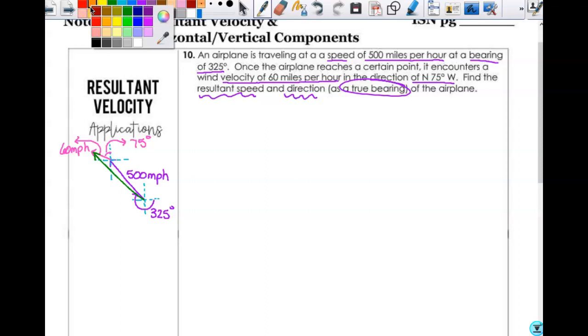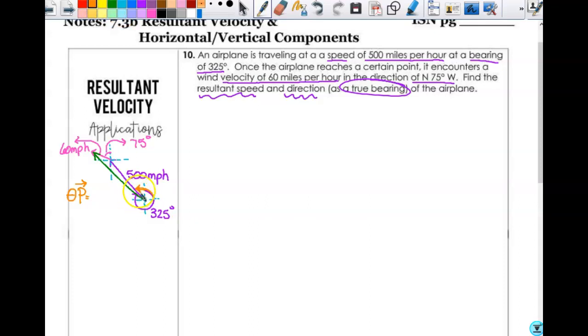So I'm going to use P for the plane and W for the wind for my vectors. So the theta for the plane vector, we had to use the bearing, but I actually want to know the actual theta right here. Oh, just realized I didn't mark that whole thing. There you go. There's my 325. The orange one, though, the actual theta that I want, goes this way.